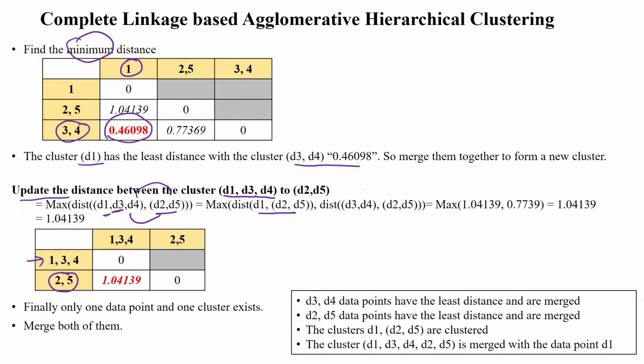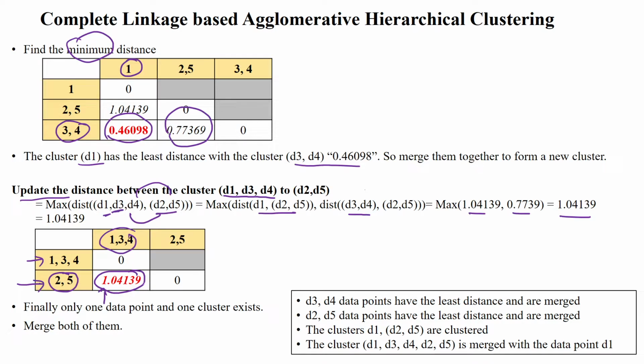When you are updating that value based upon complete linkage, here we will get the distance between d3 comma d4 and d2 comma d5, this value, right? So here we will find the maximum between these two values, 1.04139. Now we are updating that new value in the distance matrix after combining d1 3 comma 4 and 2 5, so this place, row and column.